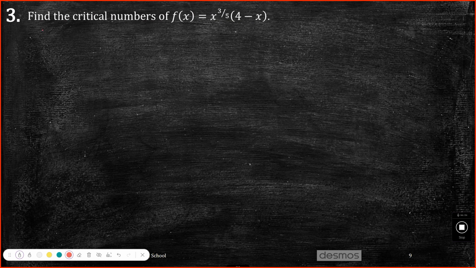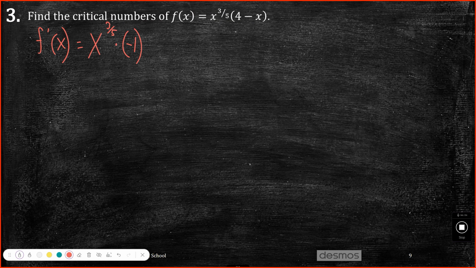f prime of x is going to equal the first times the derivative of the second, and the derivative of the second is what? Negative 1.